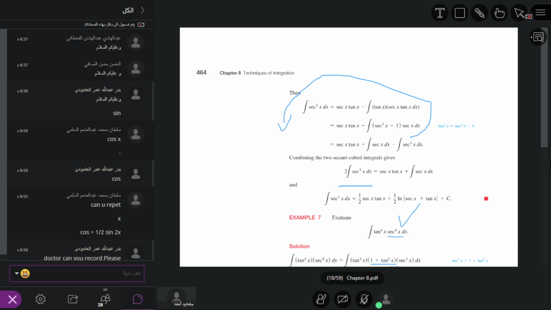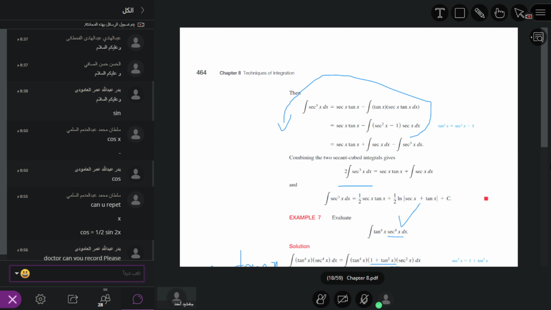So here we use the substitution method. We suppose u is equal to tan x. Then you can see we get the following: integral of u power 4 plus integral of u power 6. So what is the integral of u power 4?